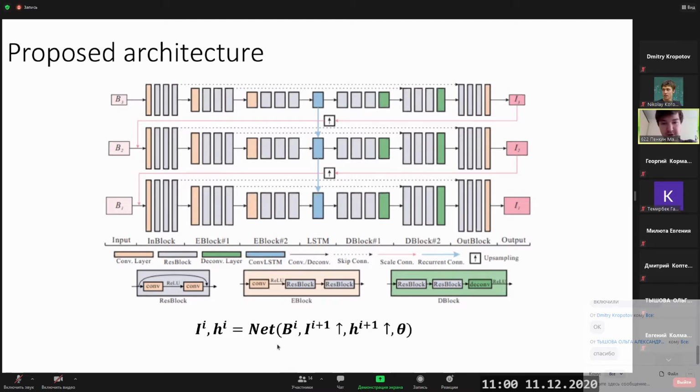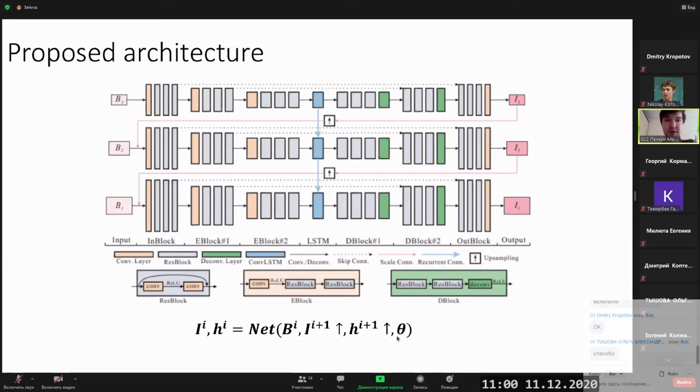It is the blurred image at scale I, the previous result upscaled, which is concatenated here, and the bottleneck here, which is passed to the recurrent mechanism. It is the LSTM here, but authors tested different versions of recurrency, simple RNN, LSTM, for example.